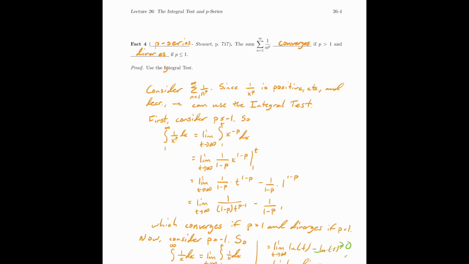So the sum from 1 to infinity of 1 over n to the p converges if p is greater than 1 and diverges if p is less than or equal to 1.